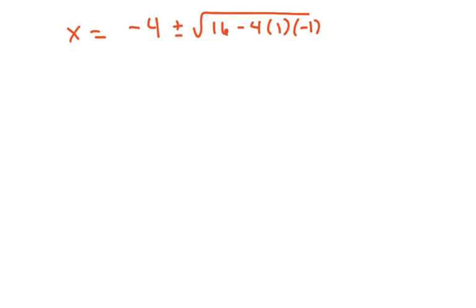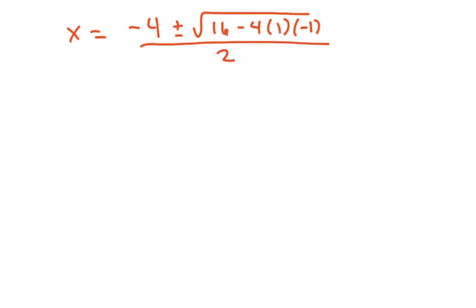quadratic formula. So what's my b? My b is 4, so you get -4 plus or minus the square root of 16 minus 4, where a is 1 and c is -1, over 2 times 1, which is 2.